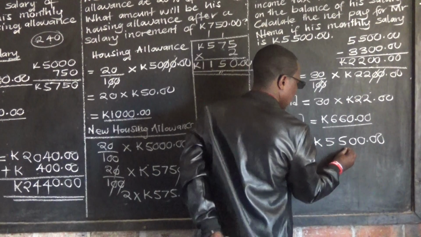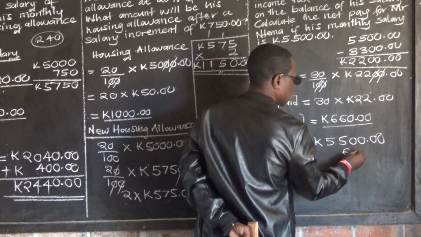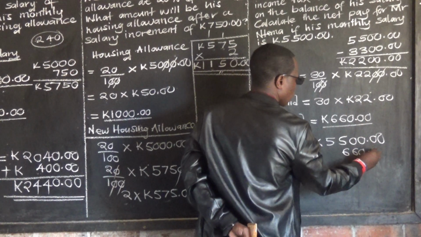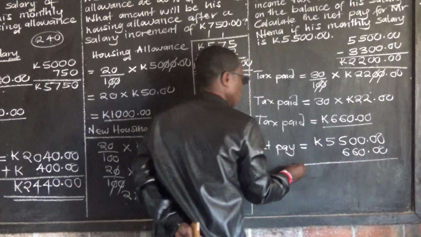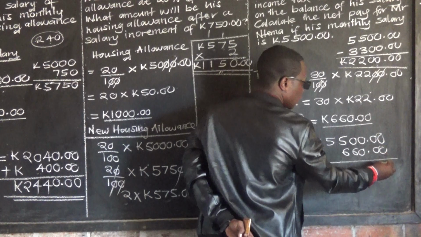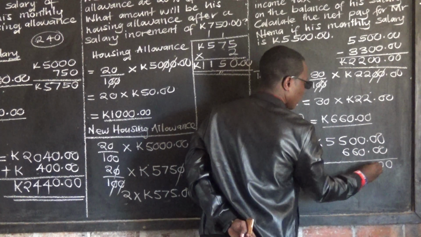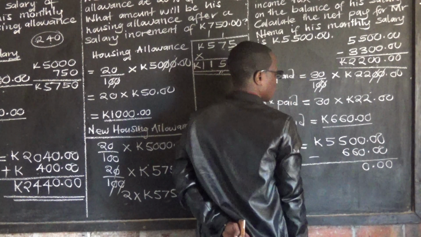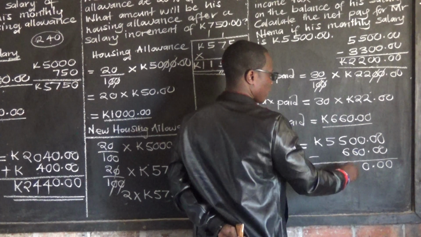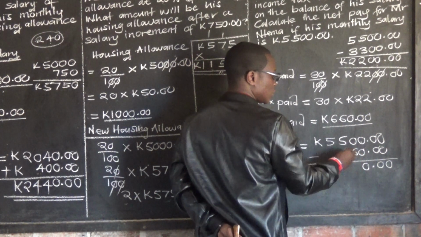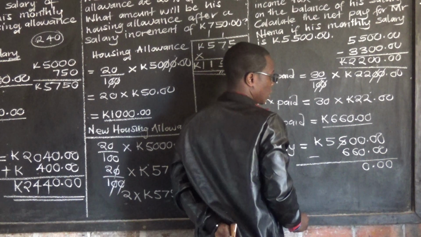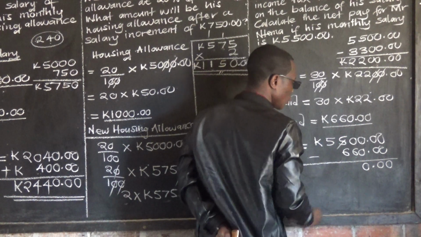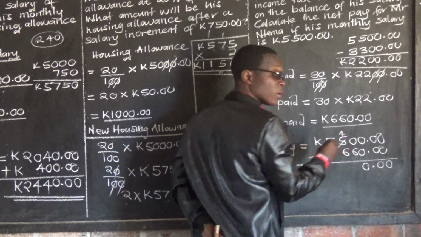So minus 660 kwacha. Are we together? So let's now subtract. 0 minus 0. 0 minus 0. Okay, 0 minus 0. Then we're going to bring down the 4.